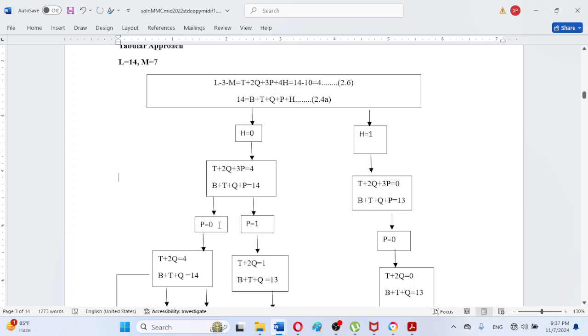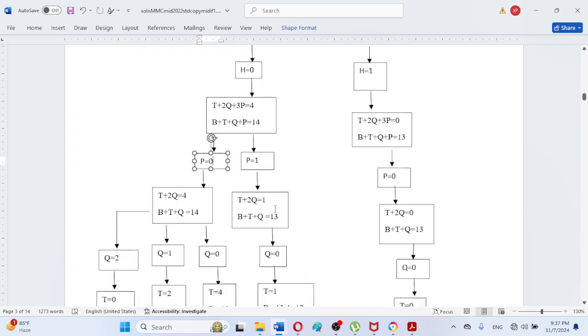In a similar manner, if p is equal to 0, that branch goes here. The resulting equations will be t plus 2q is equal to 4 for the upper equation, and the lower equation will be b plus t plus q is equal to 14.